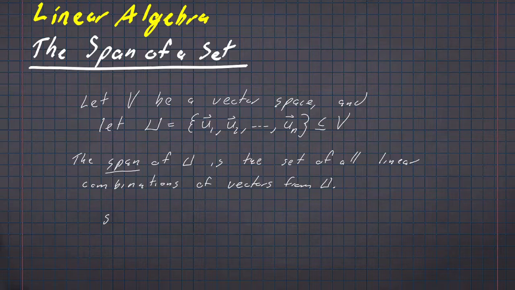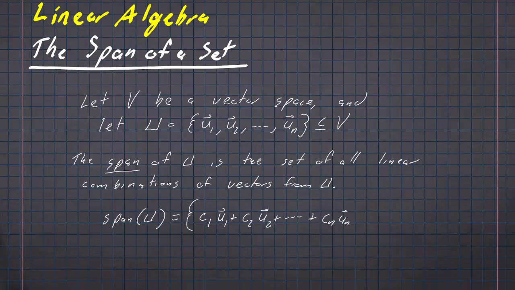Symbolically, we can write that span of U is the set of all C1 times U1 plus C2 times U2 plus ... plus Cn times Un, for C1, C2 up through Cn all being real numbers.